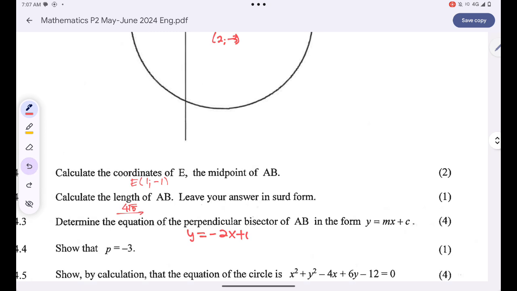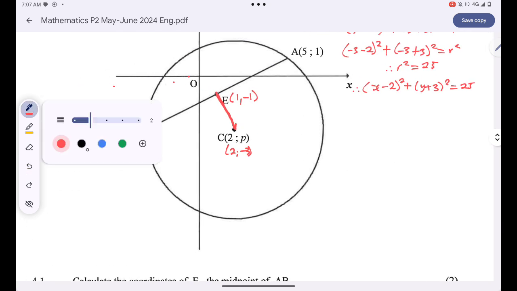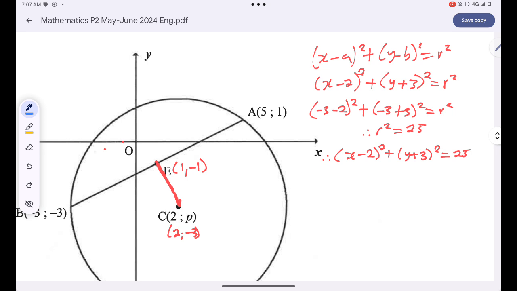So all you have to do is just remove the brackets. Yes, you'll open two brackets for this one. You'll end up having x squared minus 4x plus 4. You can open the two brackets over there as well. You'll end up having y squared plus 6y plus 9. This is equal to 25.